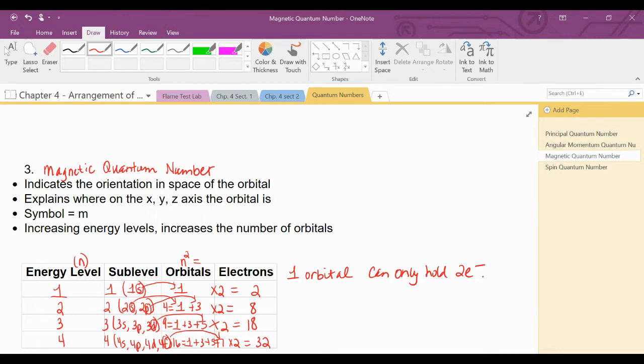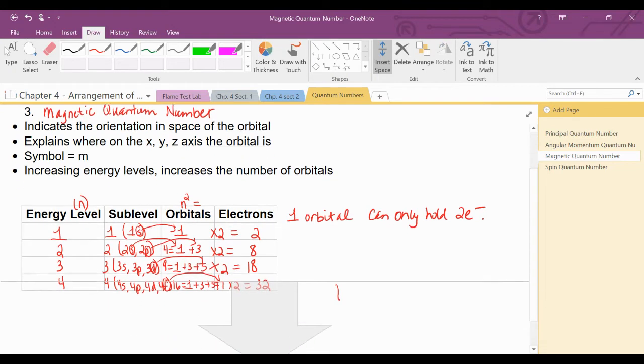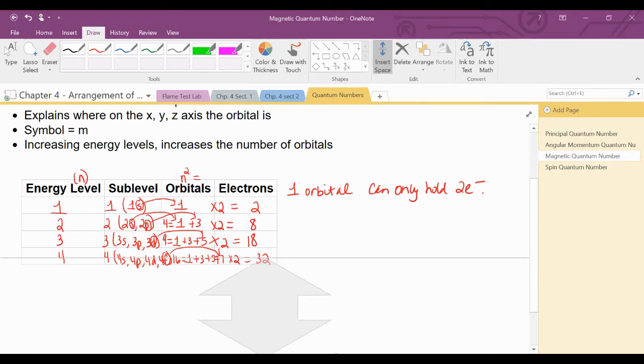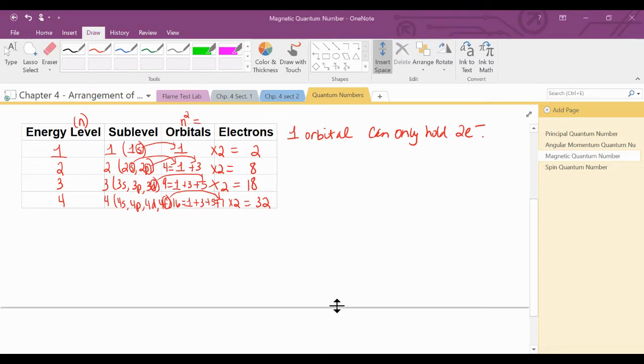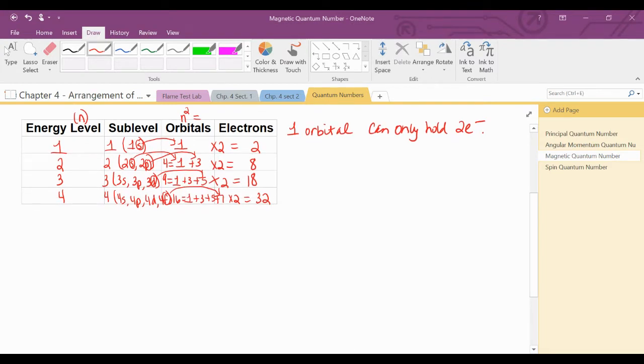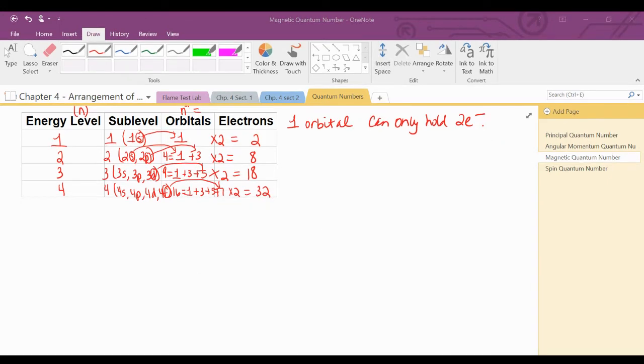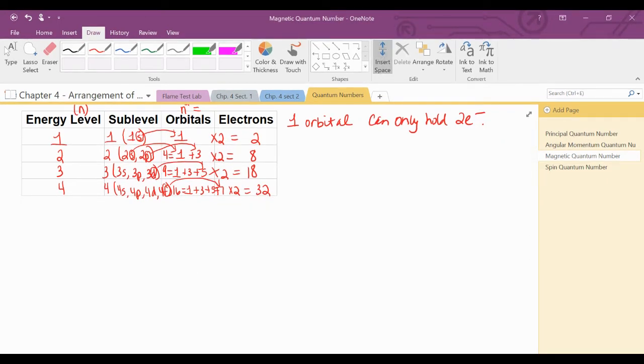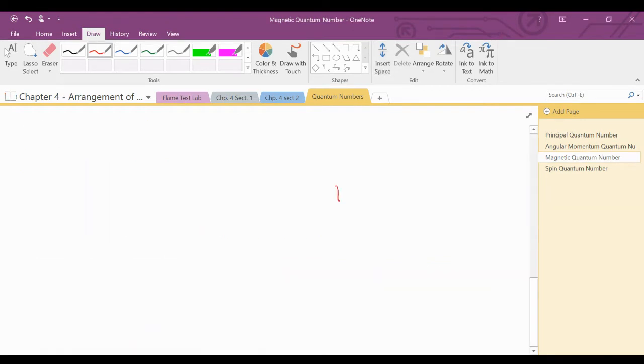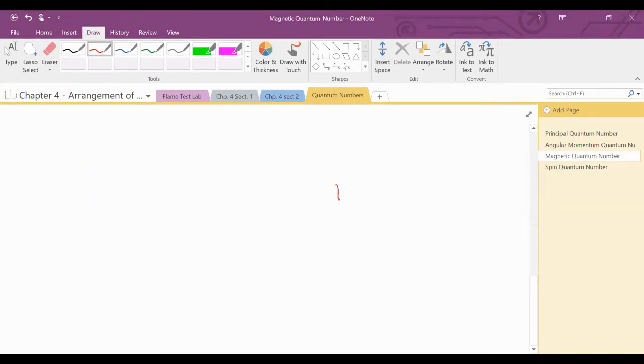All right, so if you would want to pull out your periodic table again, let's relate all of this to the periodic table. Now again, you may want to write directly on your periodic table.